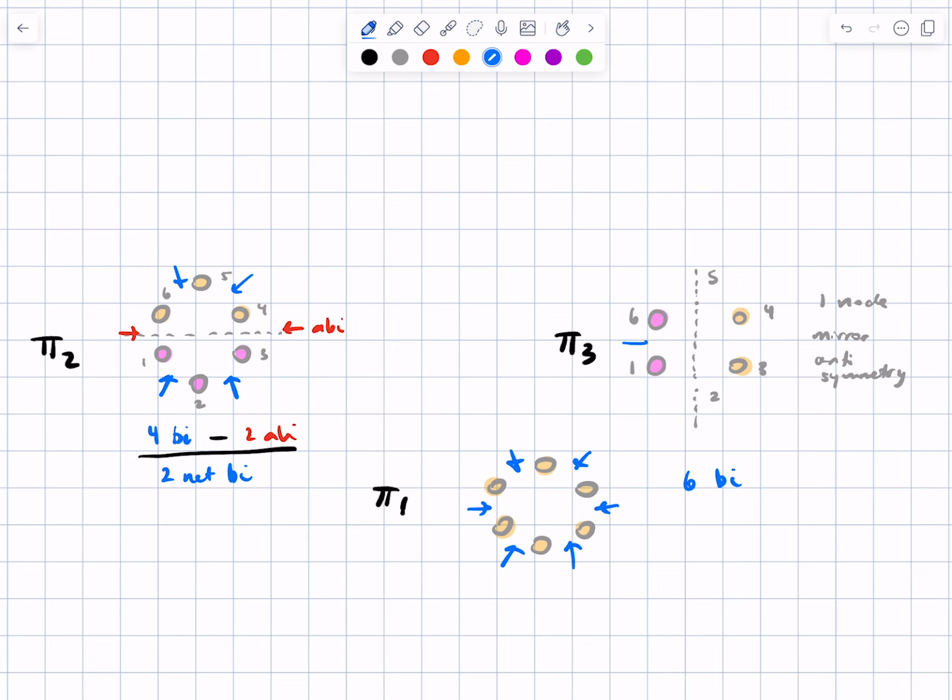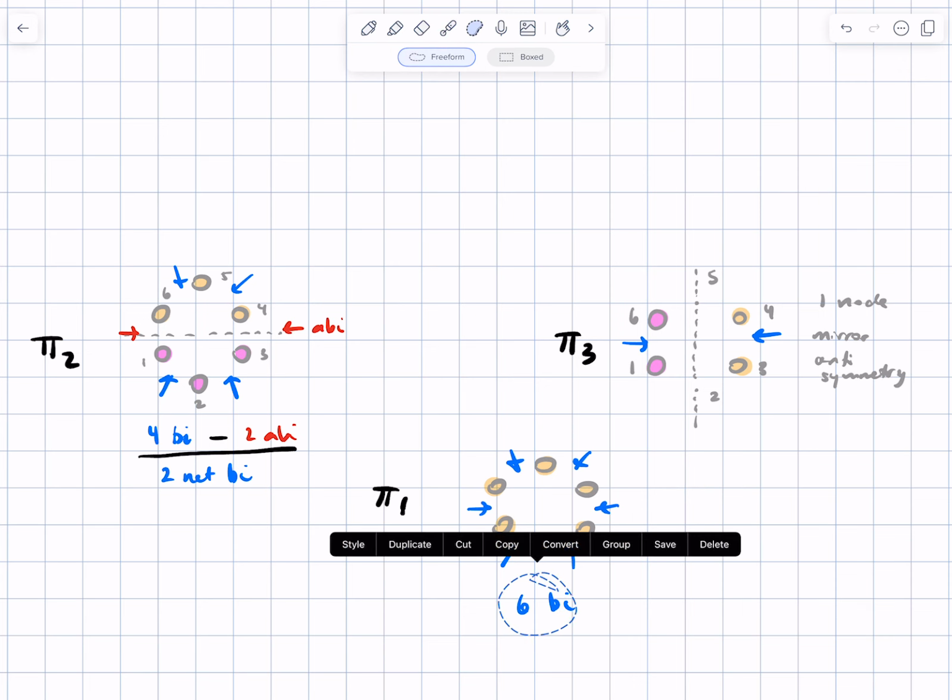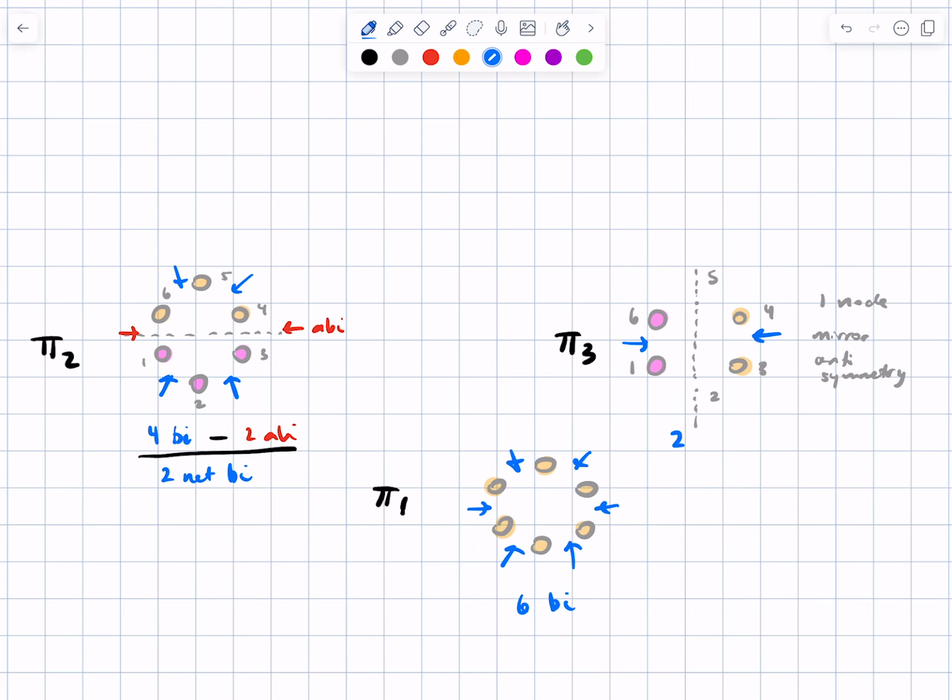Whereas pi 3 has 2 bonding interactions, but no anti-bonding interactions because there are no adjacent atoms with opposite wave function sign. So pi 3 just has 2 bonding interactions. And I'll highlight, 0 anti-bonding interactions.